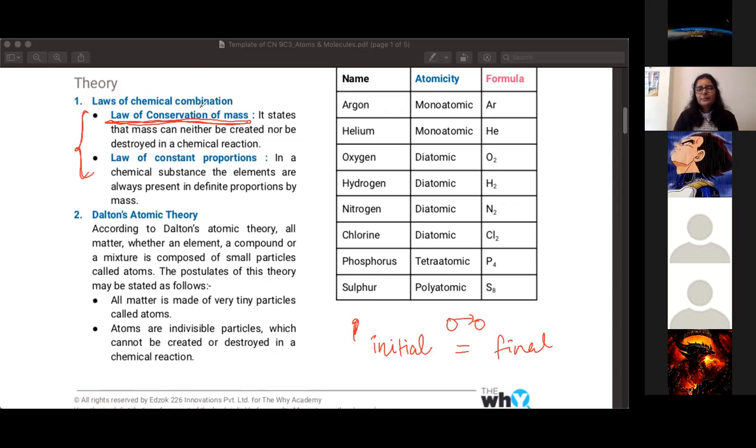Now, when we talk about the law of conservation of mass, instead of momentum, it's going to be mass. The official statement is that mass can neither be created nor be destroyed in a chemical reaction.